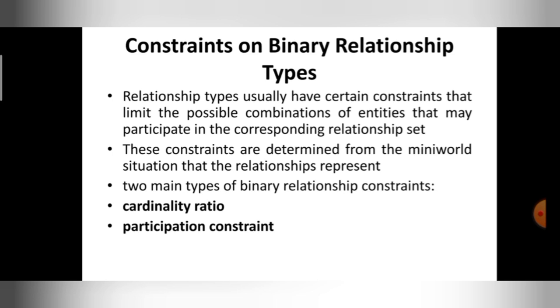Like that, I can tell about the constraints or conditions, that how many instances can participate in the relationship. To define these constraints, I can use 2 types of constraints here. Cardinality ratio is one type, participation constraint is another type.